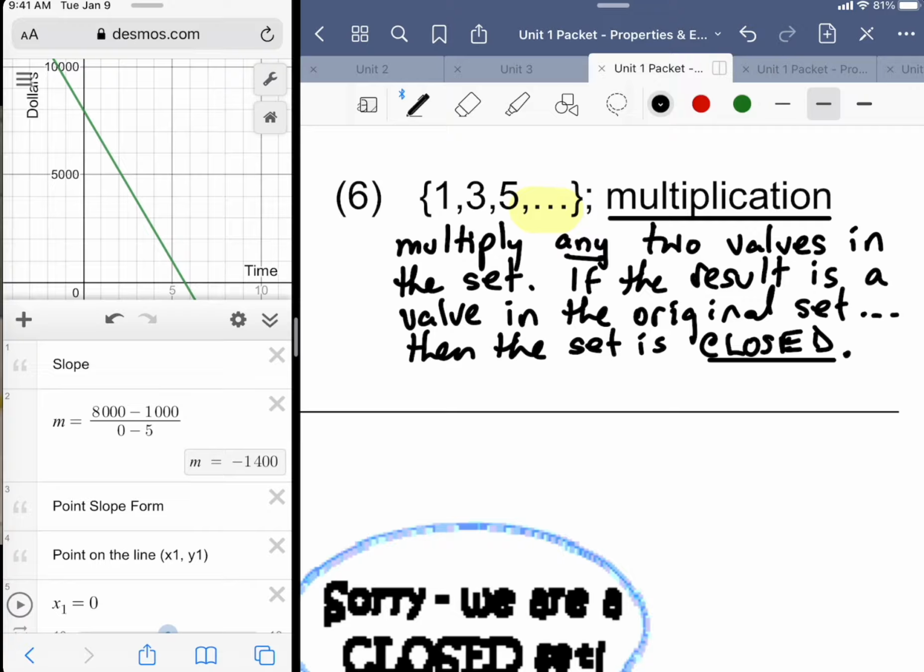So what I might do is choose something like 1 times 3. That's 3. 3 is a number that's contained within the set. I see it right here. So that one works.